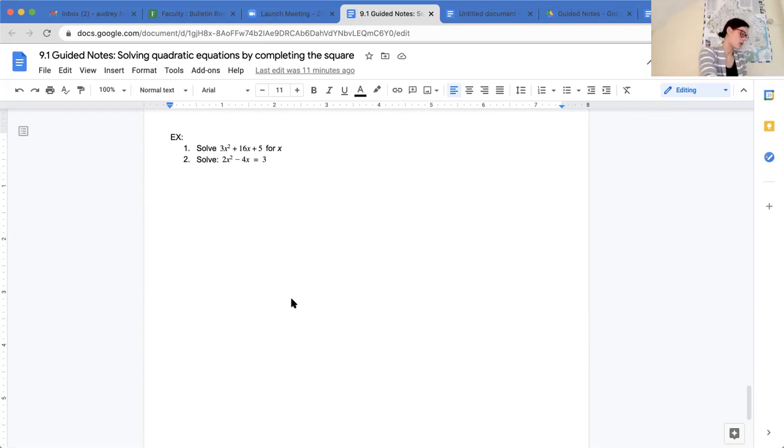All right, let's go ahead and do one more. We have 2x squared minus 4x minus 3. So we're going to put it in standard form. So 2x squared minus 4x minus 3, and we don't need it to equal anything. So we know from here that A is 2, B is negative 4, and C is negative 3.